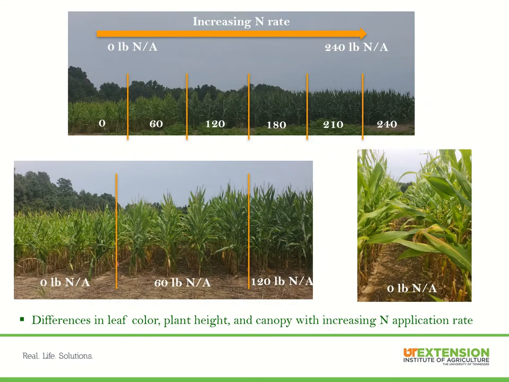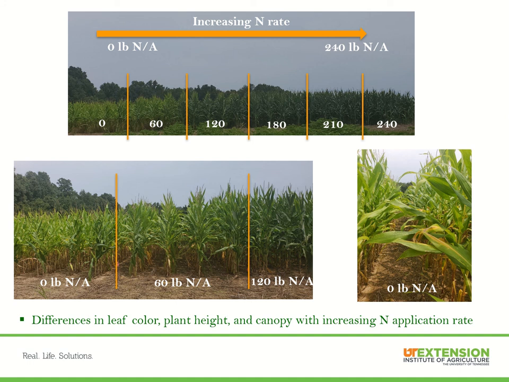Let's look at some pictures first. You could see differences in leaf color, plant height, as well as canopy cover with increasing nitrogen application rate. The picture you see at the top shows all the rates, but then if you look at the bottom left corner, it shows just 3 rates, and it actually gives you a better picture of the differences in color as well as height.